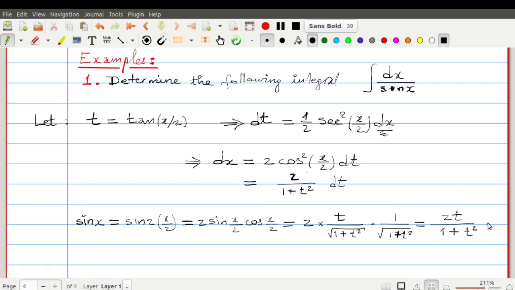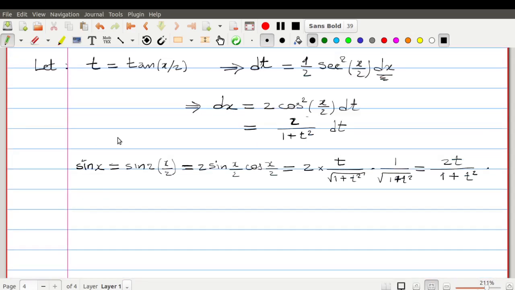So we just substitute that back into our integral. Thus, the integral dx by sine x will be equal to 1 by sine x into dx.